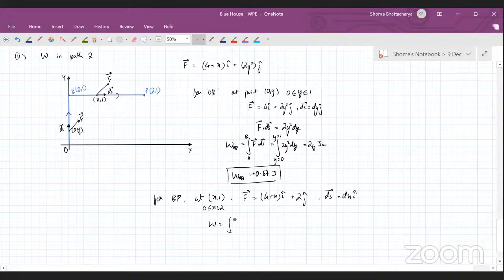So work done, okay, so that will become plus 10 joules.